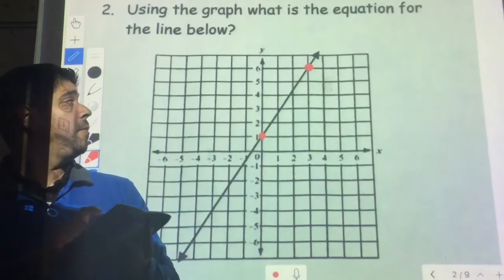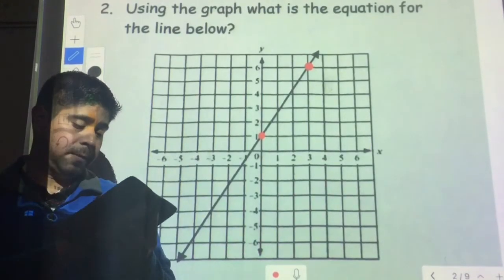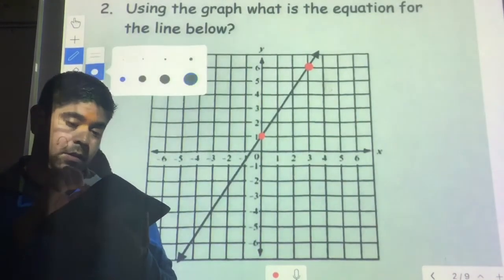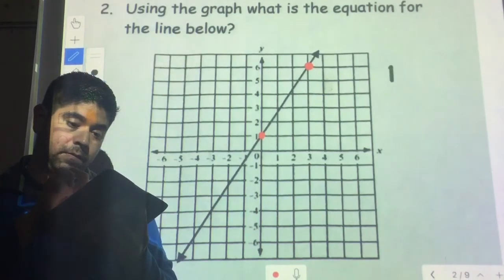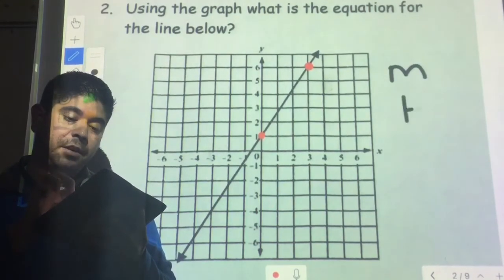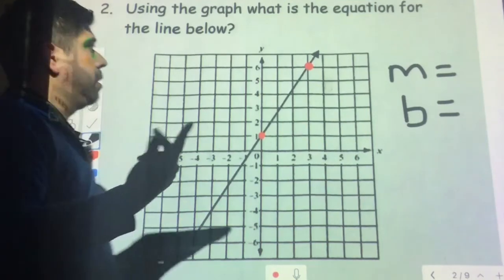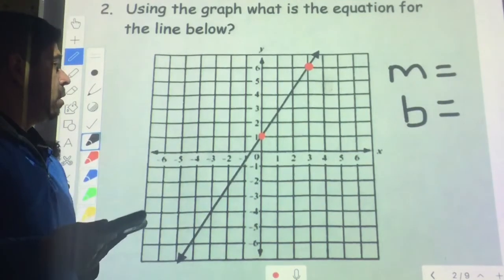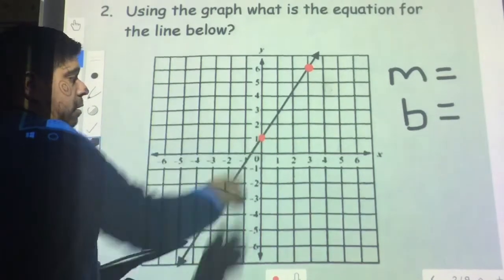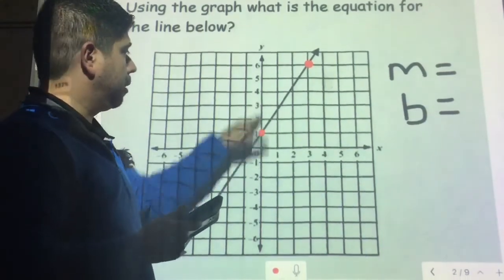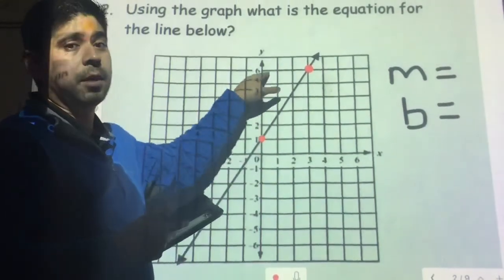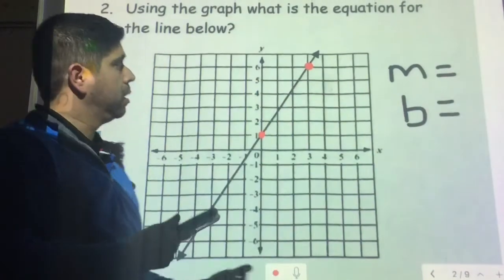So now, from there, I can find my slope, and then also the y-intercept. Those are the two things I need to make my equation. Okay, so from this point to here, remember, I got to see, am I going up or am I going down? I'm going up, so that tells me this is a positive slope.